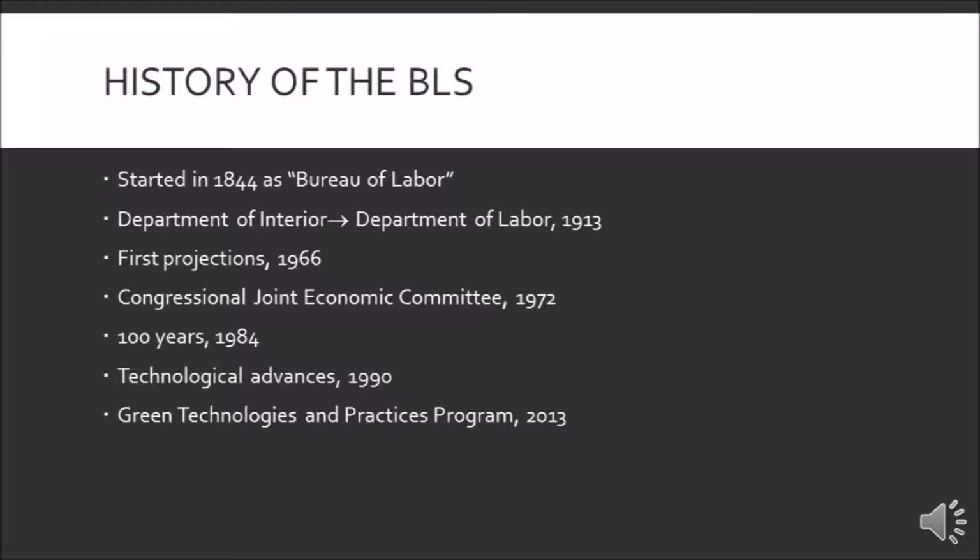It was first created in the Department of Interior, and in 1913 it was changed to the Department of Labor. In 1945 they began training economists and statisticians from around the world so that they could be able to collect and report data more efficiently.